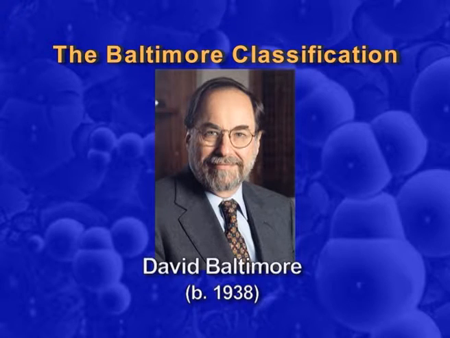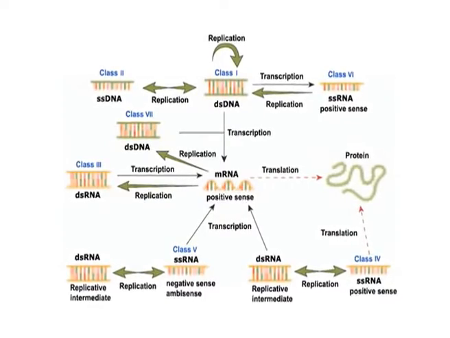This classification system was facing certain problems, and to overrule it, there came the Baltimore classification system, where the nucleic acid content, or the method of replication of the virus, was given priority for classification of the viruses. Baltimore classification system classifies viruses into 7 different groups.